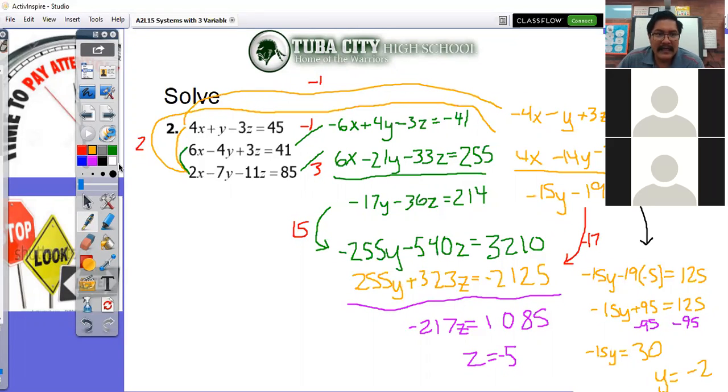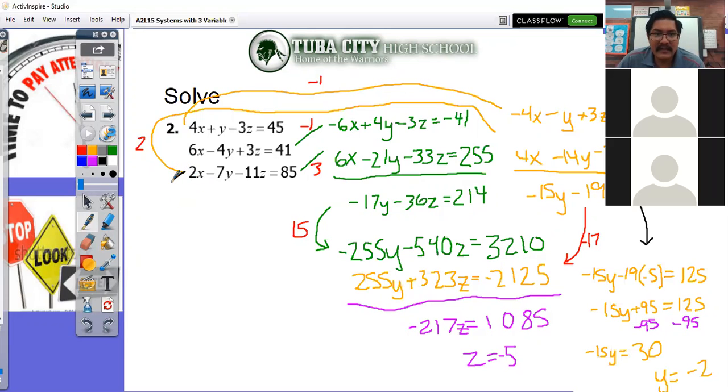Now we got to go back and plug those two, the z and the y, into one of the original equations. So let's see what we can plug it into. We don't have x, so x is the one that's missing.